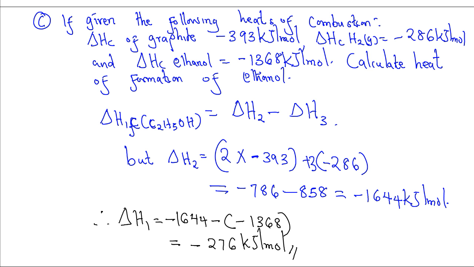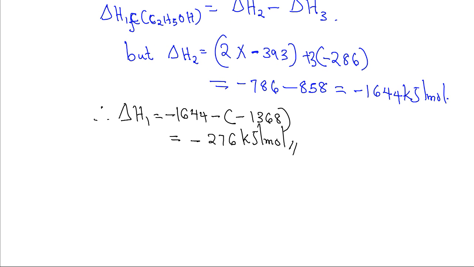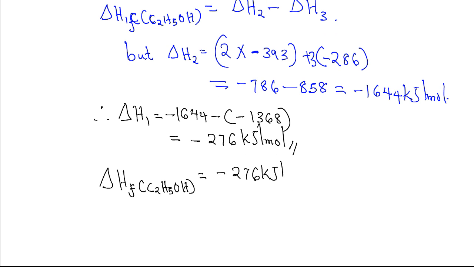So that is the heat of formation of ethanol. So the heat of formation of ethanol is equal to negative 276 kilojoule per mole.